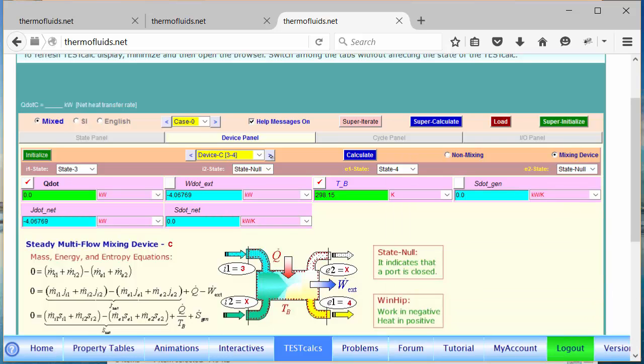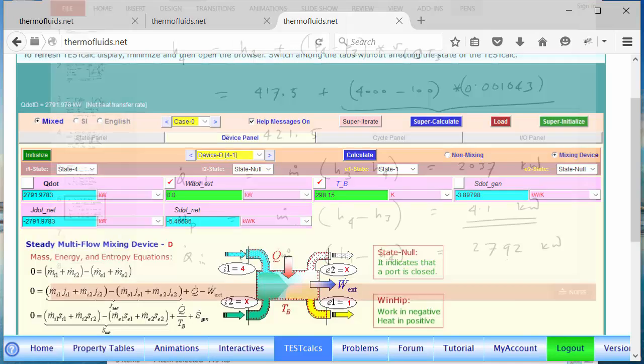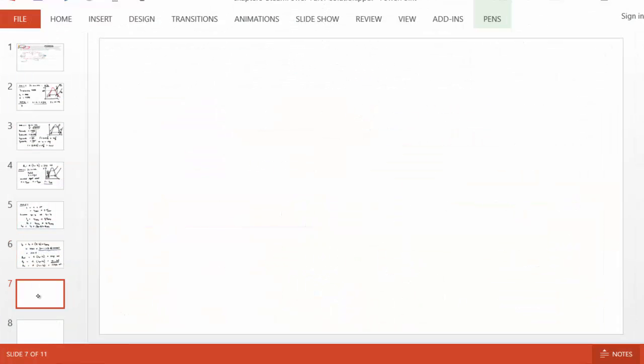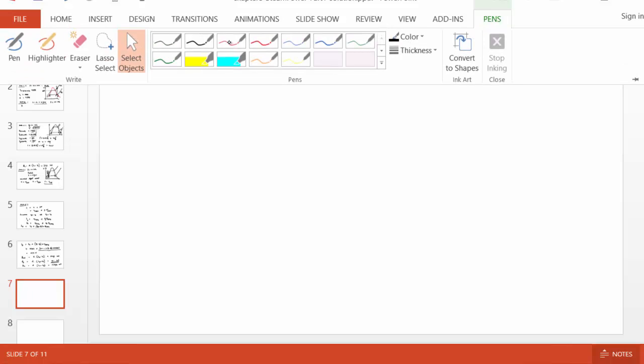And finally, device D is the heat addition in the boiler. State 4 is the inlet, state 1 is the exit, no work transfer, and it produces the heat transfer. If we go back to our PowerPoint to find the thermal efficiency, everything is kind of done for us already.